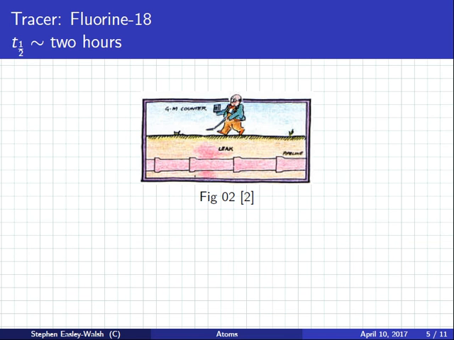Okay, the next one, fluorine-18. Half-life of only 2 hours. And you can kind of see the picture here, what's happening. So this person here knows there is a leak in the water supply, in the pipe, and wants to know where it is. Now the problem is, pipes are underground, so you can't see where the water is leaking out. You have this problem in most countries, like in Ireland too.